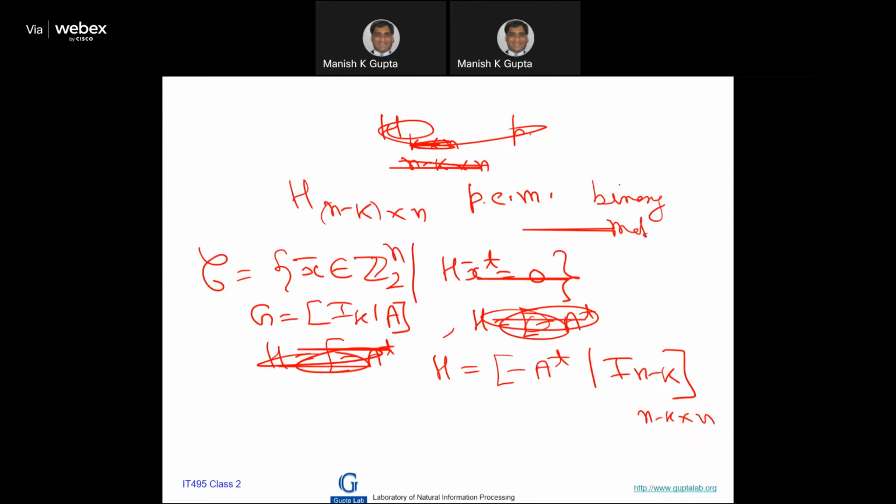You can clearly see that because there is an identity matrix here, so all rows will be independent. And what about the rank of H? Obviously it is n minus k, because of the identity matrix sitting here. And there is a relationship that G H transpose is equal to 0. You can compute that.